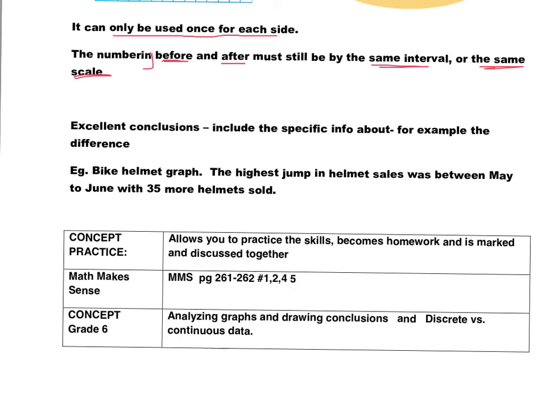Do not just tell me about one dot. That's not making a conclusion. That's reading a graph. And when possible, or when the question asks, determine if it's discrete data versus continuous data. Discrete data, remember, is one point, whereas continuous data can be in decimal numbers. It can be half of something, and so on. Remember, as you're working, if at any point you have questions, that you do ask.